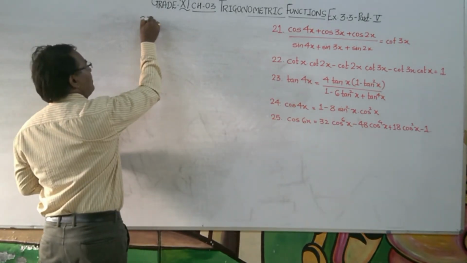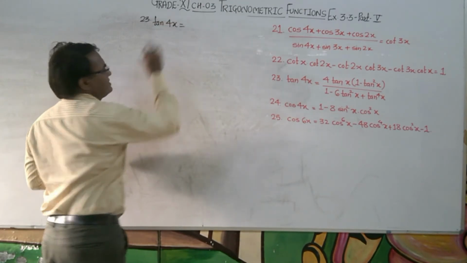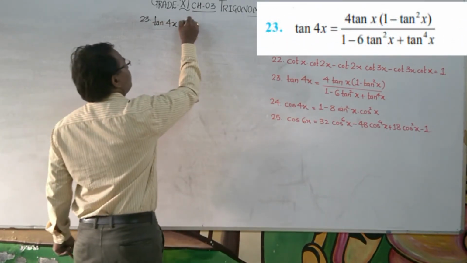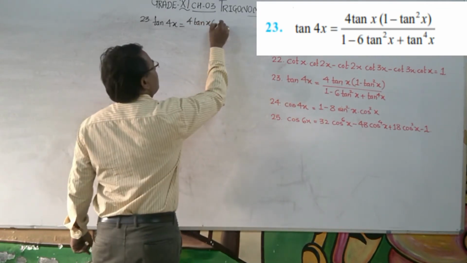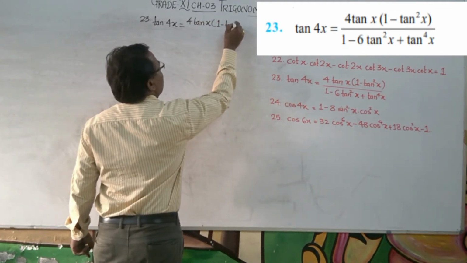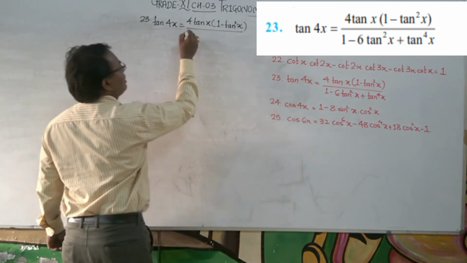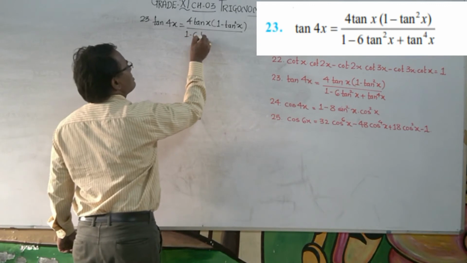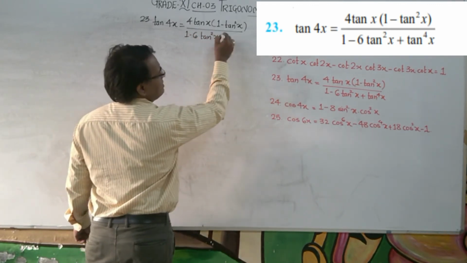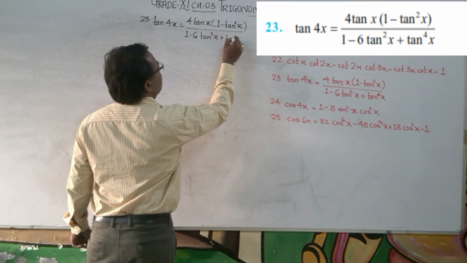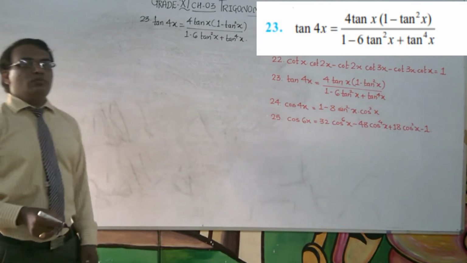Sum number 23 is tan 4x equal to 4 tan x (1 minus tan square x) divided by 1 minus 6 tan square x plus tan raised to 4 x. This we have to prove.